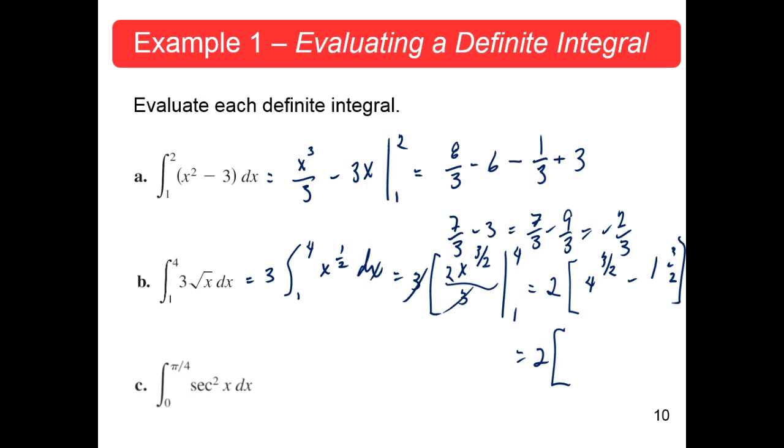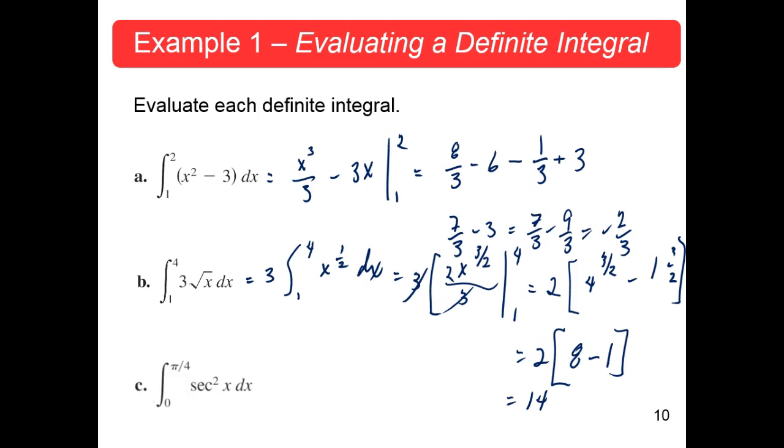Square root of 4, which is just 2, and cube it, and you get 8. So there'd be 2 times 8 minus, and what's square root of 1? 1, and 1 cubed is 1. So you have 14, right? Make sense?